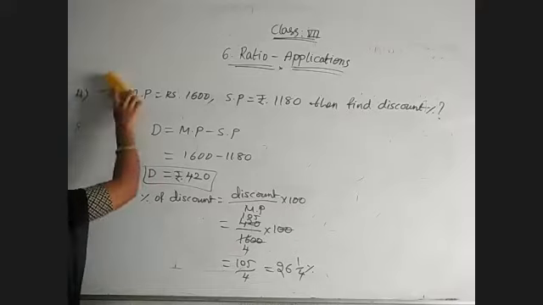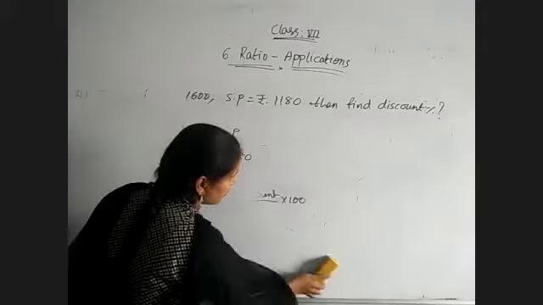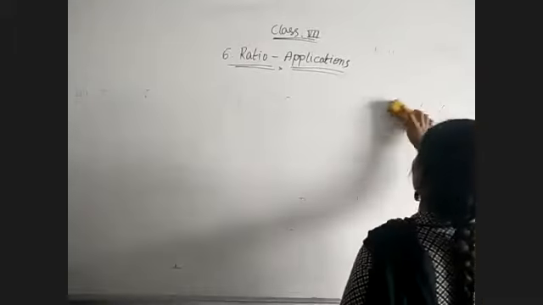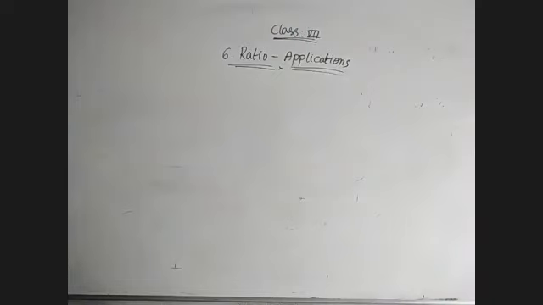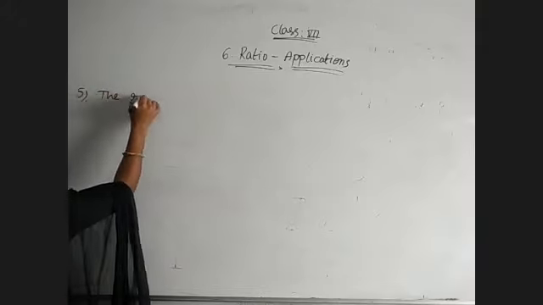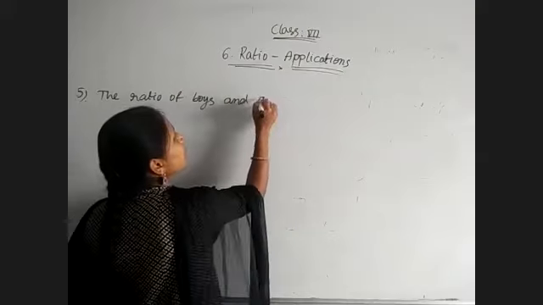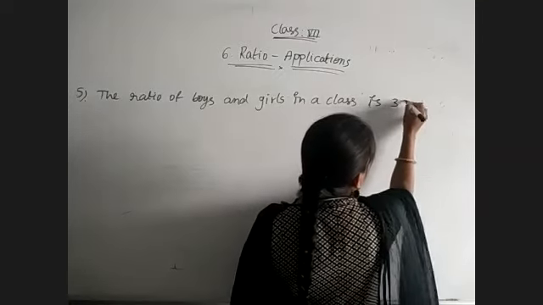Now just see one of the questions. The ratio of boys and girls in a class is 3:1.